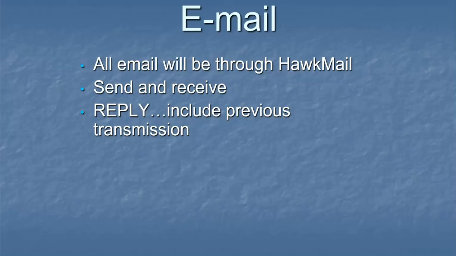That should be on any correspondence you send to me. If I send you an email with a question and you respond and say, okay, I don't know what we're talking about because I've read 150 emails since then, so I may not remember exactly what we're discussing. So you want to make sure that you include all the previous transmissions so that there is a thread that we can go back and reference.